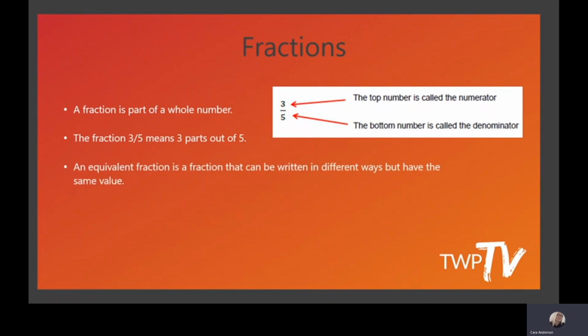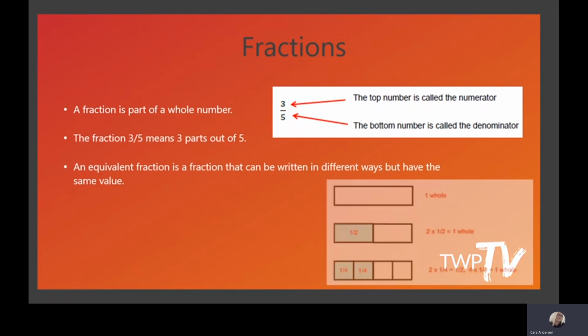An equivalent fraction is a fraction that can be written in different ways but have the same value. So what I mean by that is 1 whole can be written as 2 halves. Still means there's a whole, but you can have 2 halves.